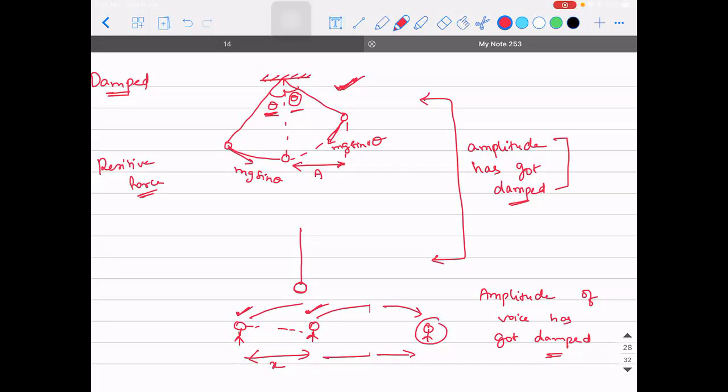So for your voice to reach him, you definitely need to start shouting. Shouting means you're increasing your loudness, which means increasing your amplitude. So damping has something to do with which parameter? You tell me now. Amplitude. Amplitude of anything. It can be an oscillation or it can be a wave.